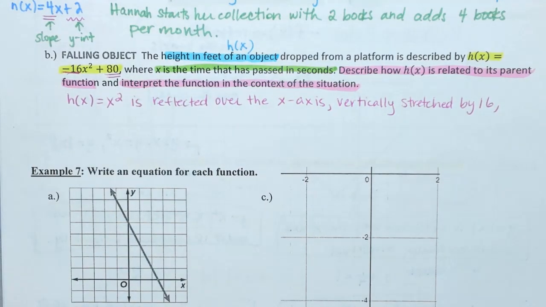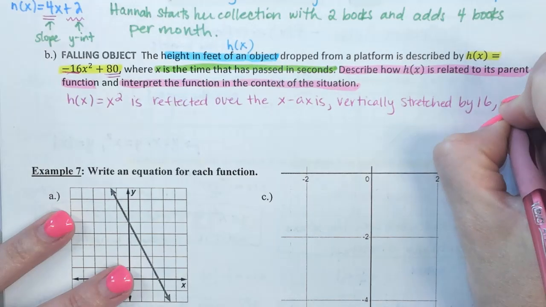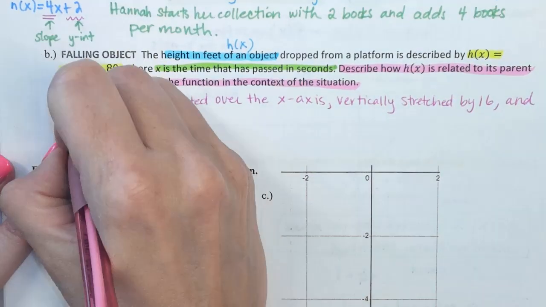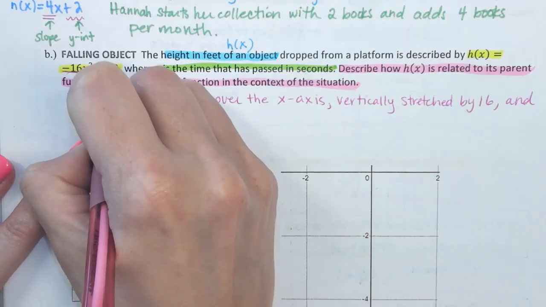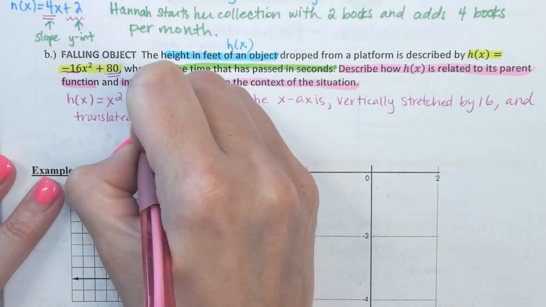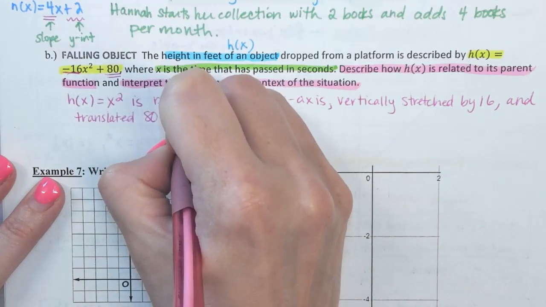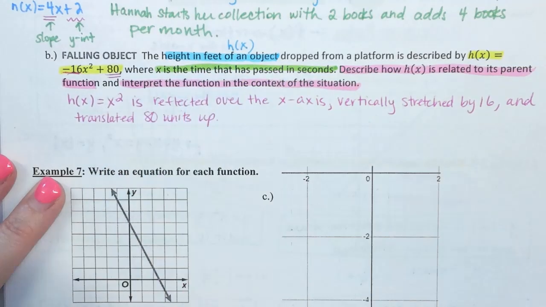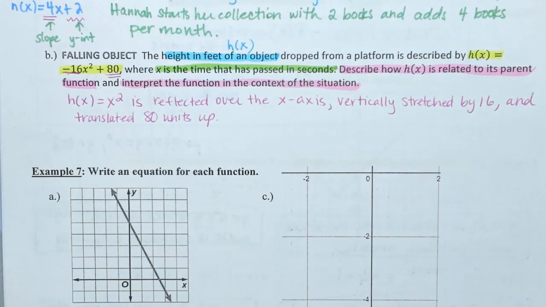So we're going to include that with our story problems. And you have that plus 80, so it's translated 80 units up. Okay, so if you need to add something, go ahead and do that.